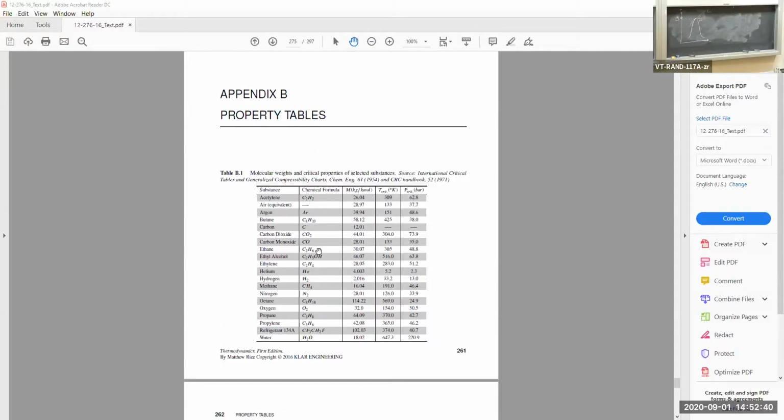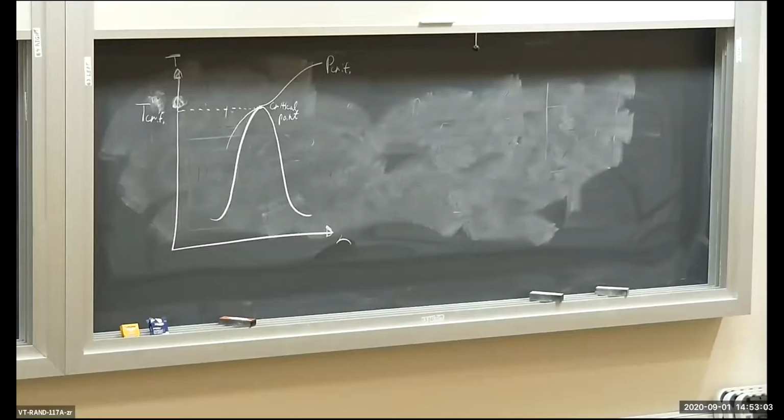Very first table, B1. Chemicals, chemical formula, molecular weight. This is going to be useful here soon when we do some stuff with the ideal gas law. Critical temperature in Kelvin and critical pressure in bar for various materials.